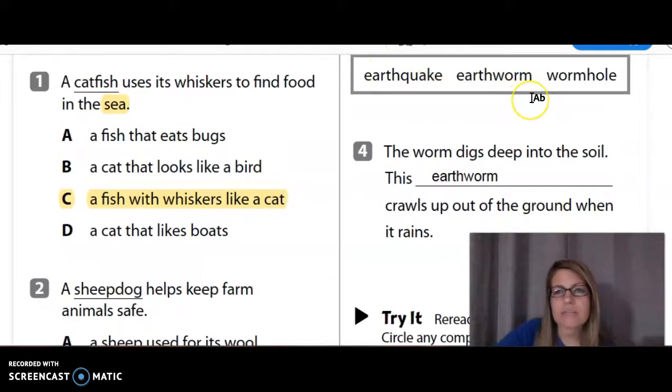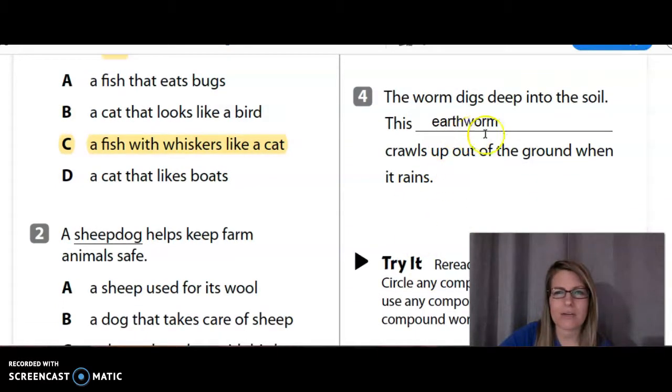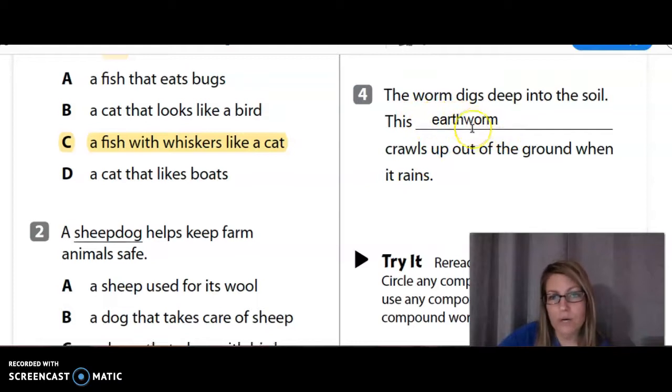Just to make sure I didn't make the wrong choice, I'll read it with the last option, wormhole. This wormhole crawls up out of the ground when it rains. How could a hole that a worm crawls through crawl up out of the ground when it rains? That doesn't really make sense. So I know that we made the right choice with the compound word, earthworm.